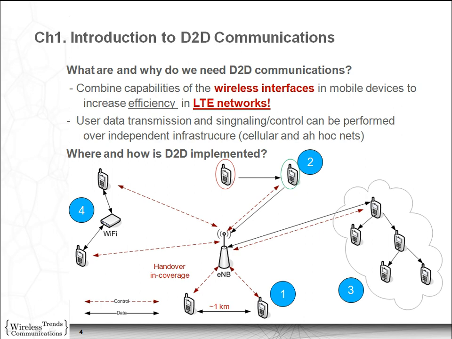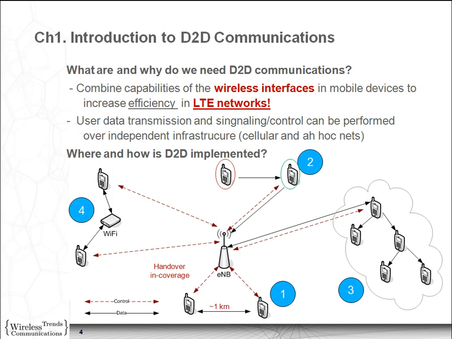So we're assuming that we have devices with several wireless interfaces. They can have Wi-Fi or LTE for sure, and then we have these two devices that are supported in the LTE network, and if they are in this proximity region, that means that they can have a communication.